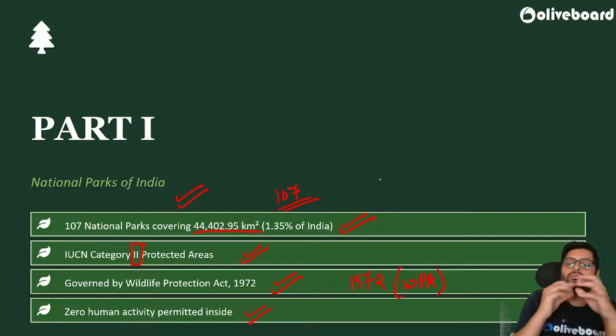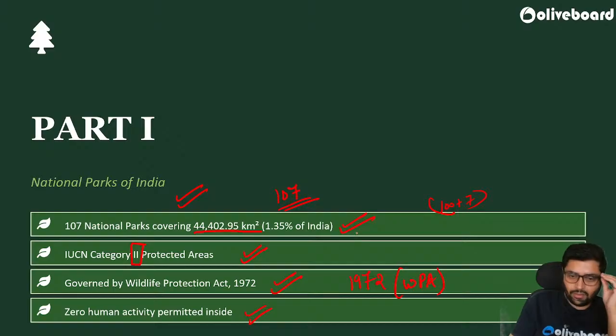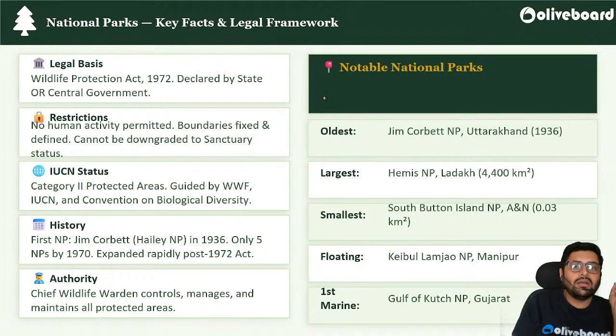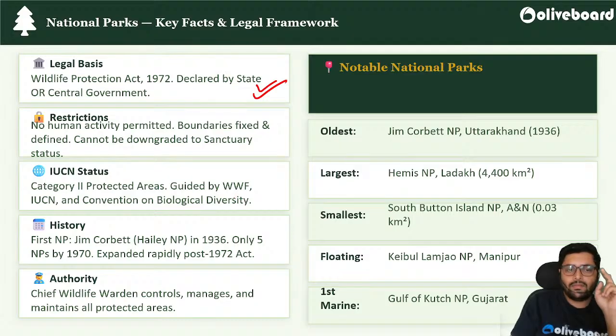Before memorizing all the national parks, first you should know something about their background also. So please remember, approximately 107, category 2 and Wildlife Protection Act. Okay? Next. Legal basis, we already saw. No human activity is permitted.